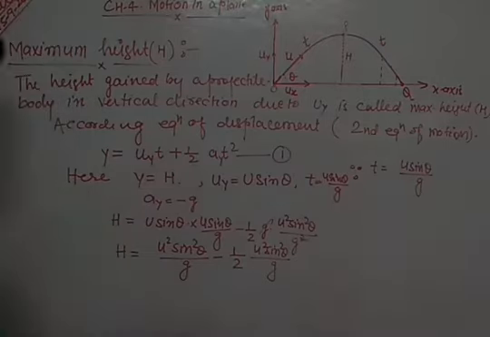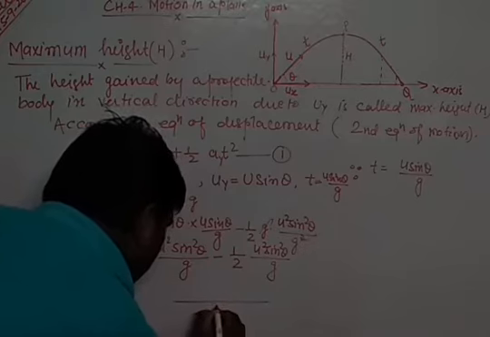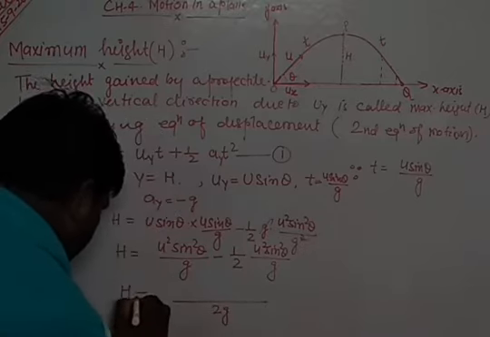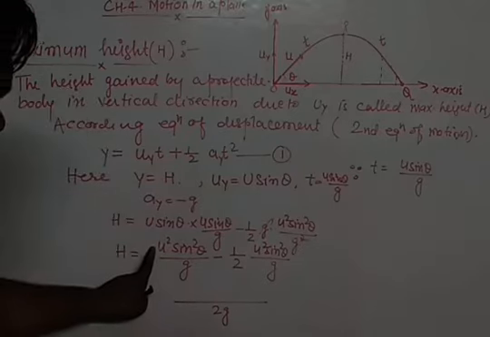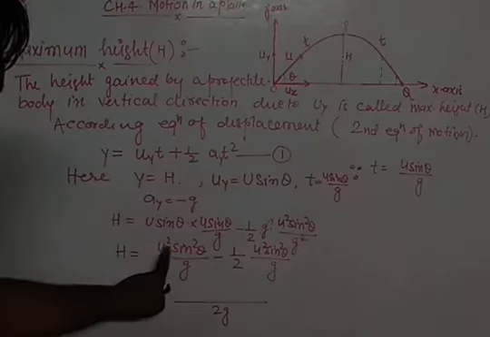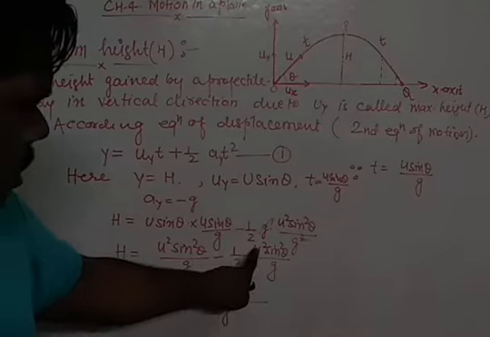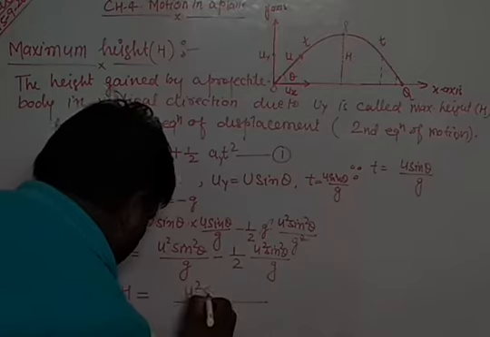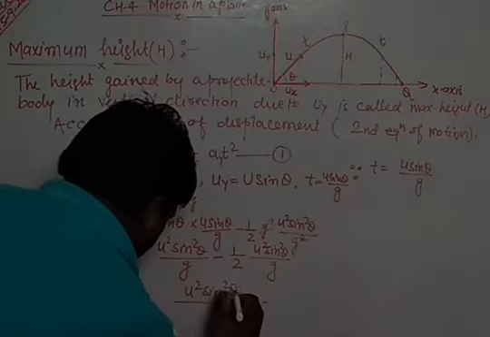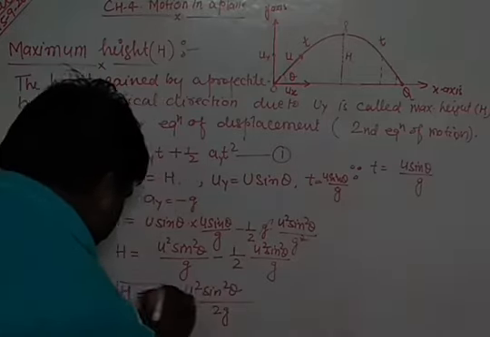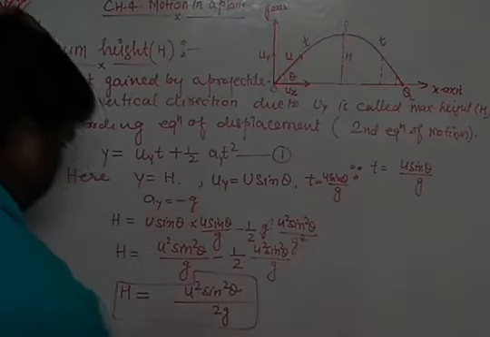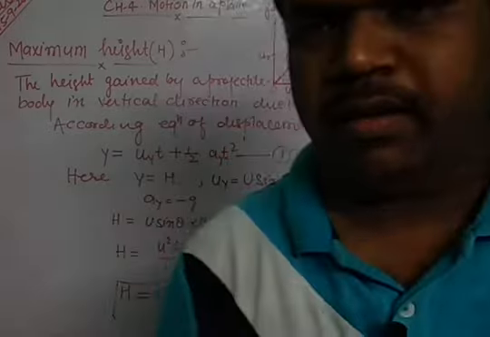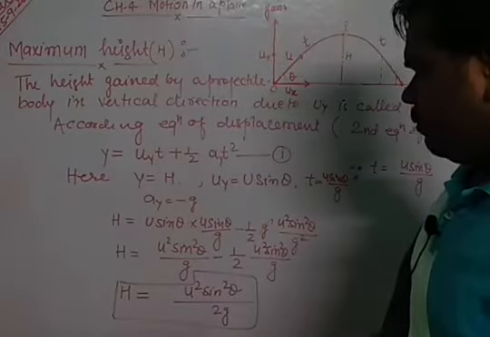It will become 2g, and this is equal to h. Here you will get 2 u square sin square theta minus 1 u square sin square theta. So finally you will get u square sin square theta upon 2g. So this is the required expression of maximum height gained by a projectile body.